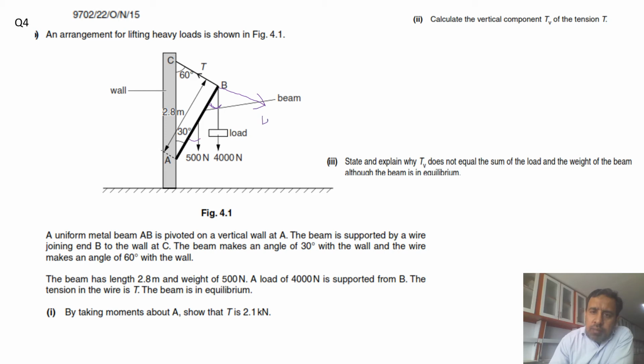That is in fact the 4,000 sine 30, and this component is again 500 sine 30, because these mentioned angles are 30 degrees.